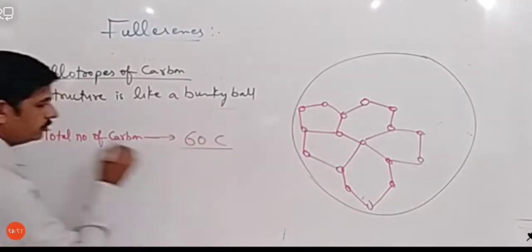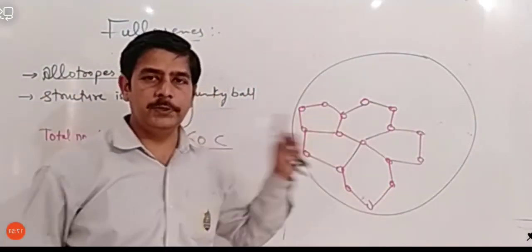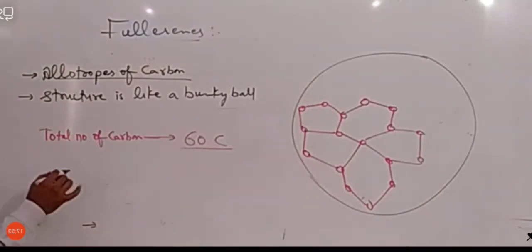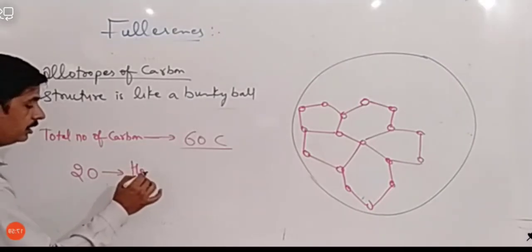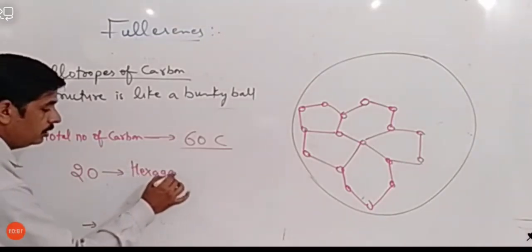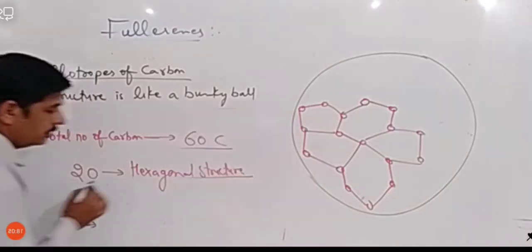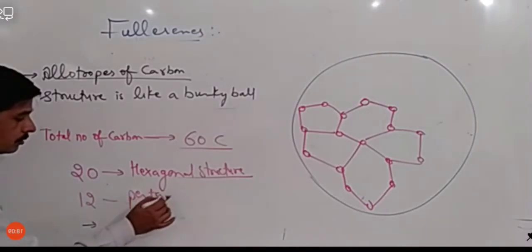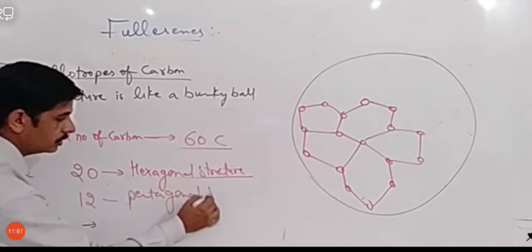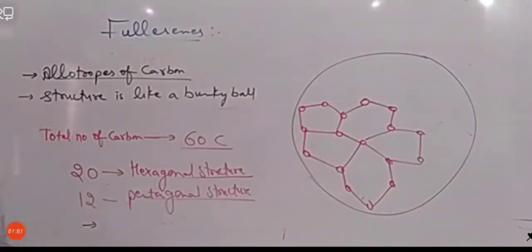Okay, there are a total of 60 carbons present in this diagram, and they will be divided as 20 hexagonal structures and 12 pentagonal structures. The total number of carbons in fullerene is 60.